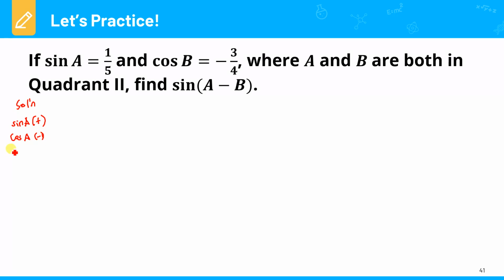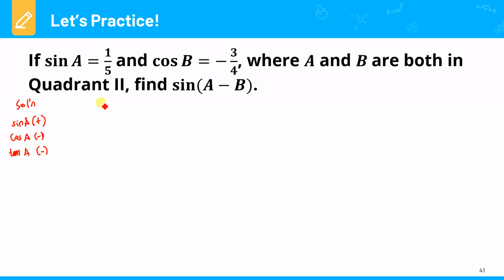So in other words, the tangent, since the tangent is equal to sine over cosine, is negative. Okay, so we have to bear that in mind. Now, what would be the thing that we need to do?